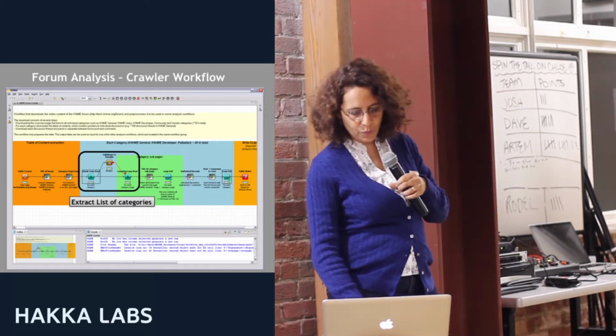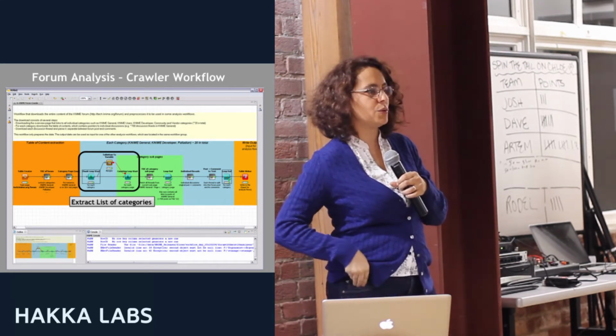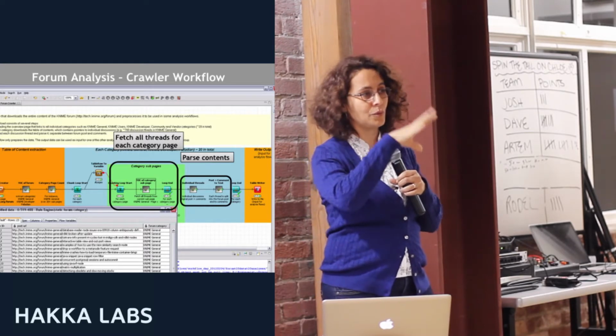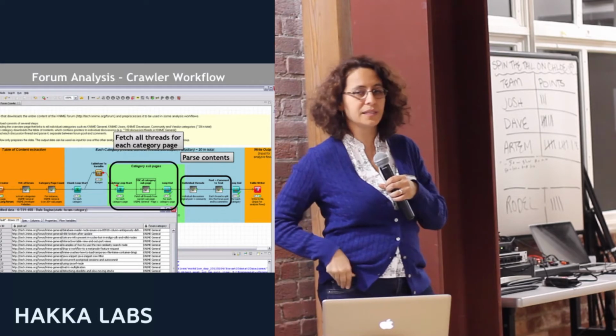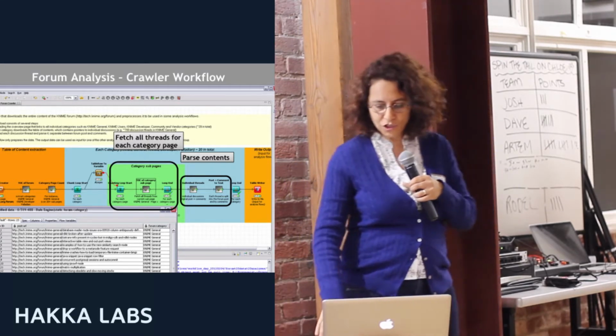Okay? So this loop here, those are loop nodes. This loop here is the one that fetches all the threads, all the pages from the KNIME forum. And this part here is the one that performs all the XML parsing from the HTML content.